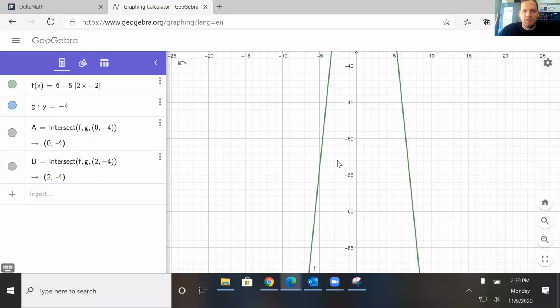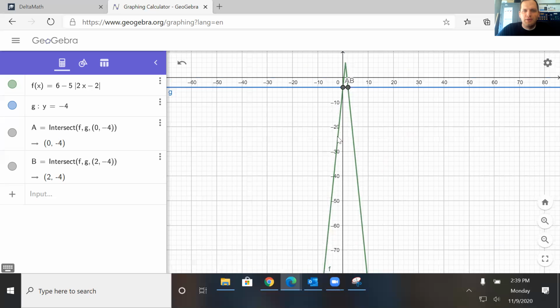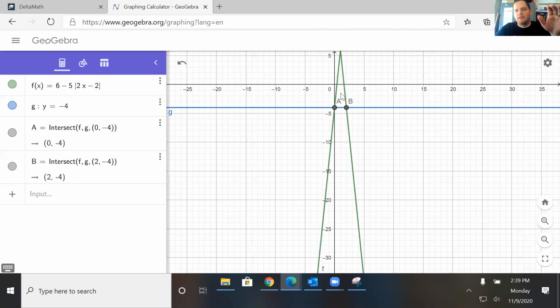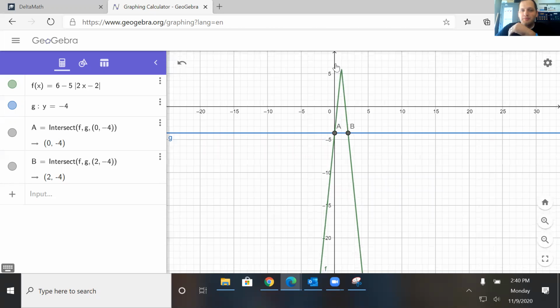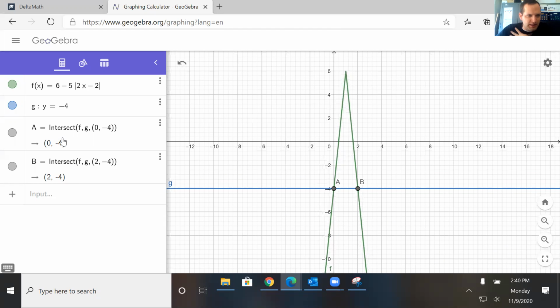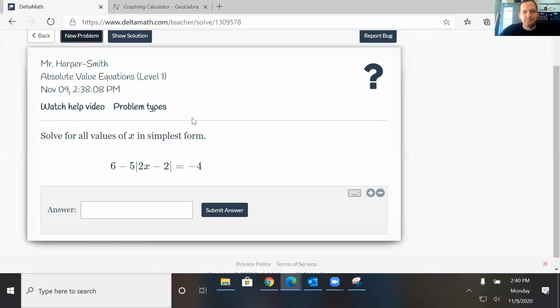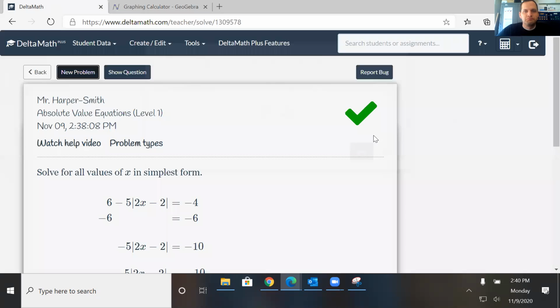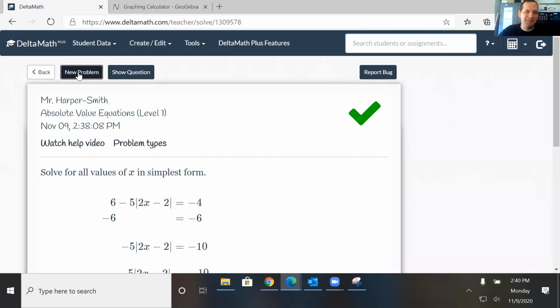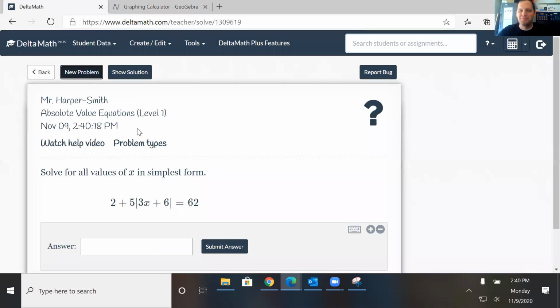As I zoom out, -4 is a line that just goes straight across. It looks like they intersect at 0 and 2. Those are the two x values where it intersects. So we've got 0, 2. Ta-da! Graphing these is by far, hands down, the best way to go.